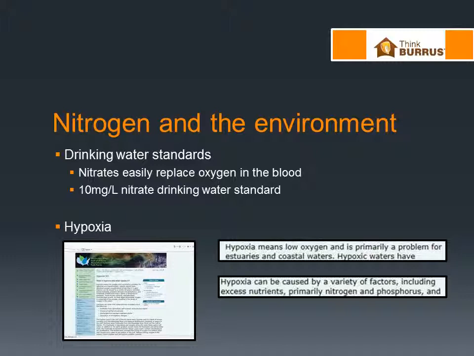The second slide that we closed up with last time was this one right here, nitrogen and the environment. We talked about how nitrogen can be transformed into a form that is easily lost, either into the air or, I should say, into water. There's real concern about down in the Gulf of Mexico, something we call hypoxia, a low oxygen environment that somewhat is caused by nitrogen and phosphorus.